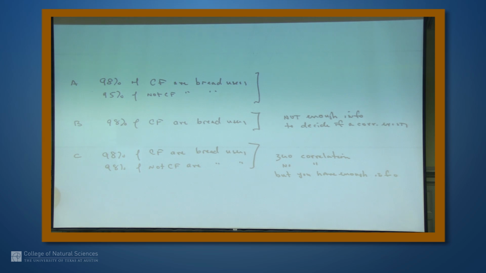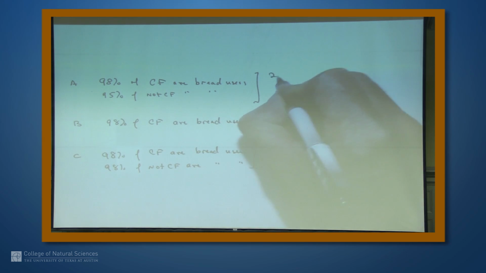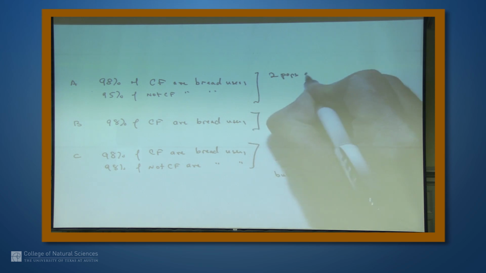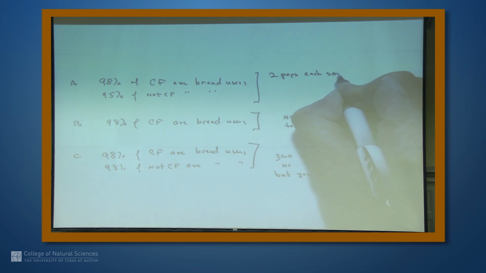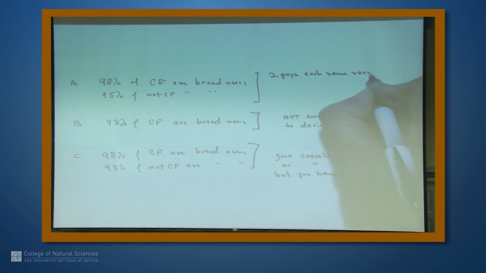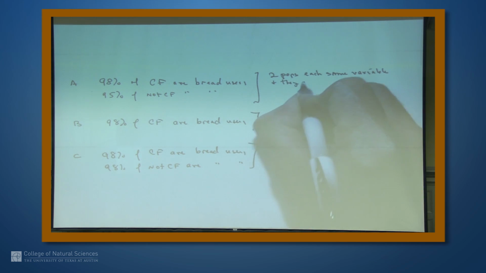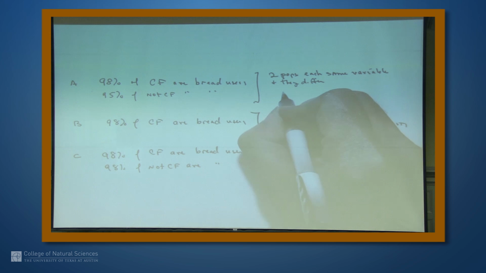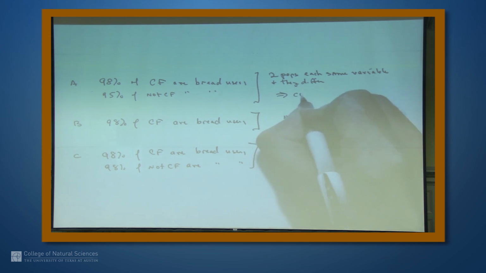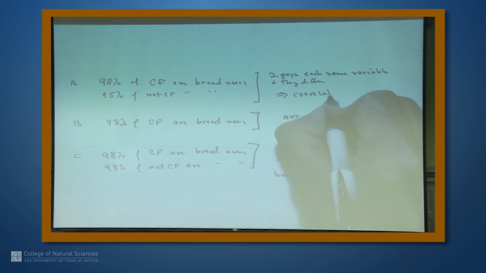Yeah, right? You've got two populations, each with the same variable, and they differ. Means a correlation exists.